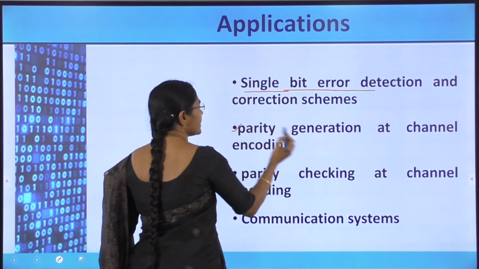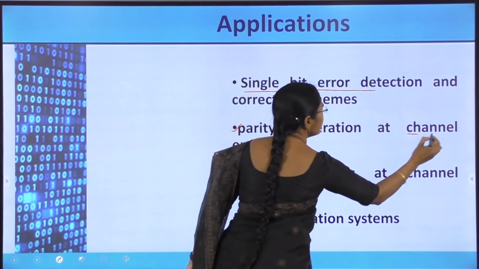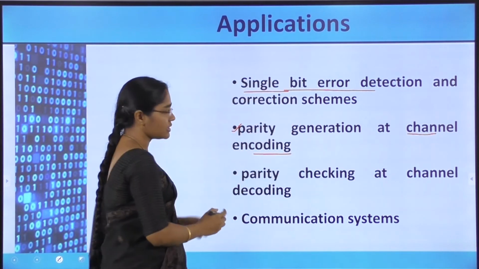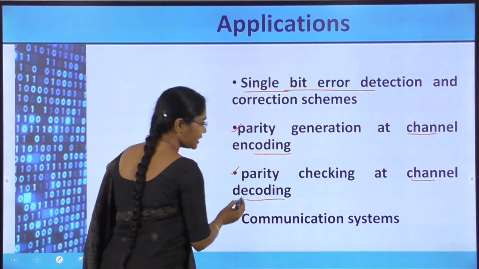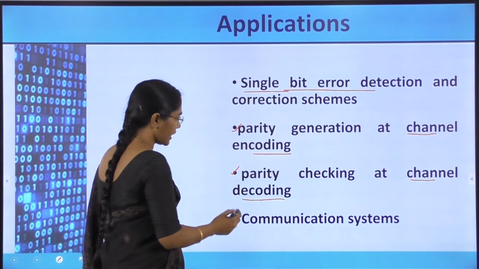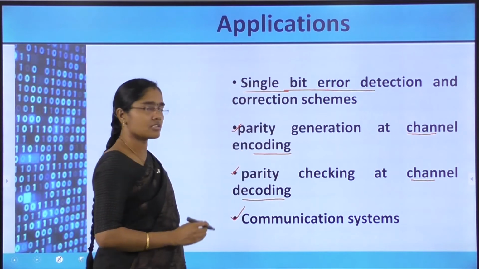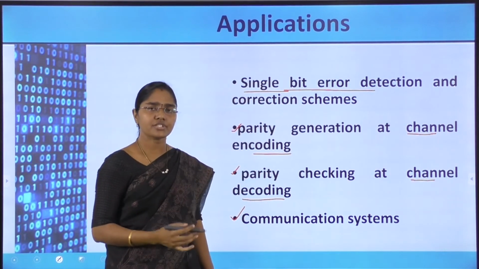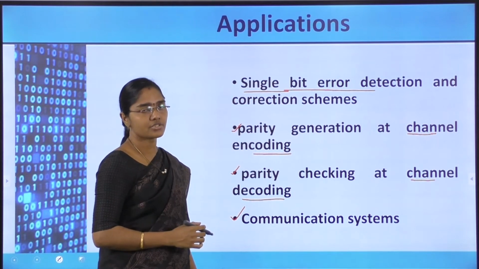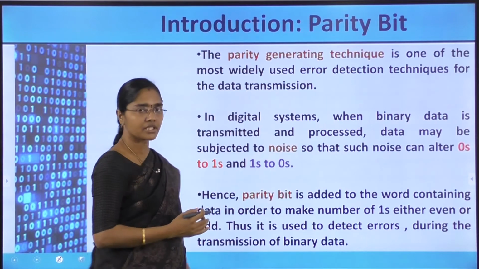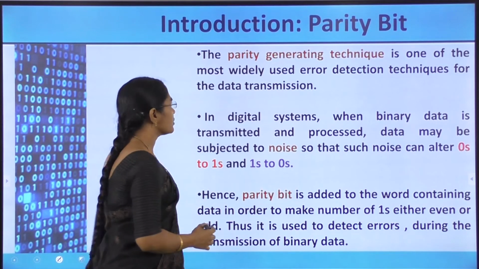Parity generation is part of the channel encoding in the transmitter, and parity checking is at the channel decoding part of the receiver, and in all communication systems this error detection and correction is used, so parity is used in all communication systems. These are the applications.